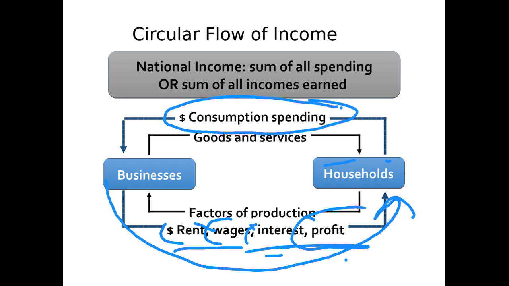So either you calculate the income of the whole country, you can't add goods and services. You can't add one computer and one chair, but you can add the value of those two goods and services given the price level. So either I can calculate the total value of all goods and services produced by adding all expenditures, or we can add all incomes that those factors of production are earning.